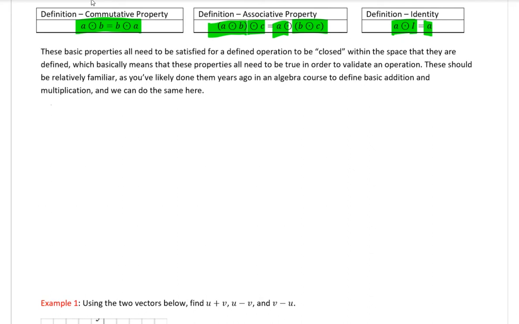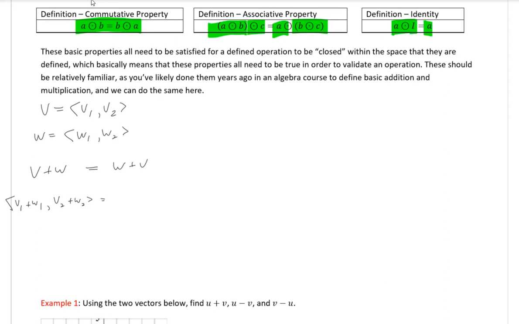Here, if we have V as V1 and V2, you can expand this to 3 dimensions as well, and W is W1 and W2. We want to make sure that V plus W equals W plus V. Well, when we do that, V plus W is going to give me V1 plus W1, and then V2 plus W2.